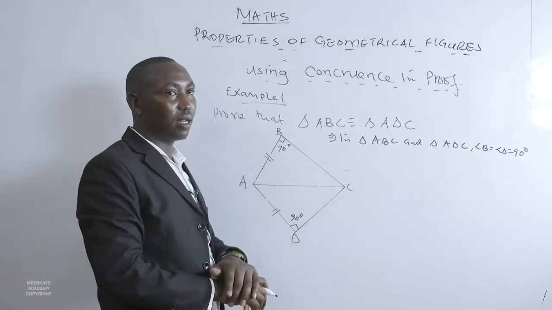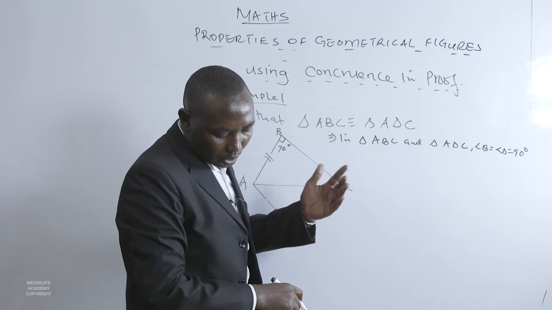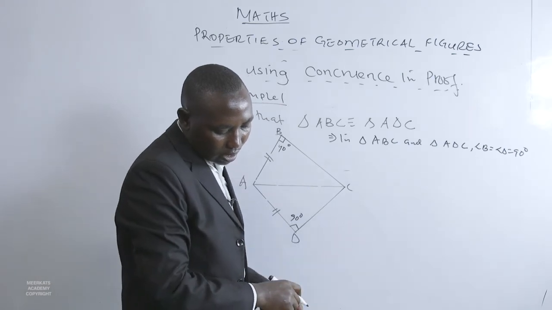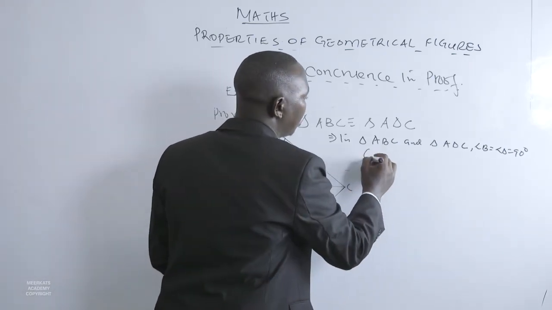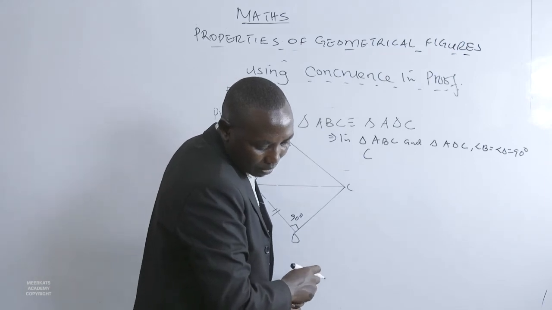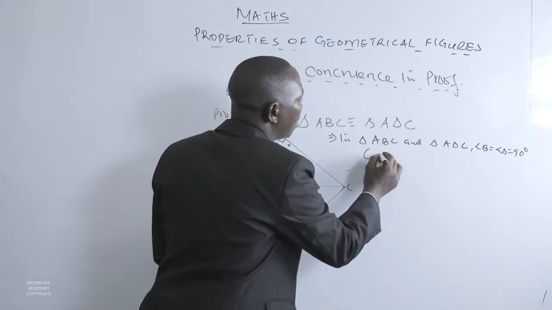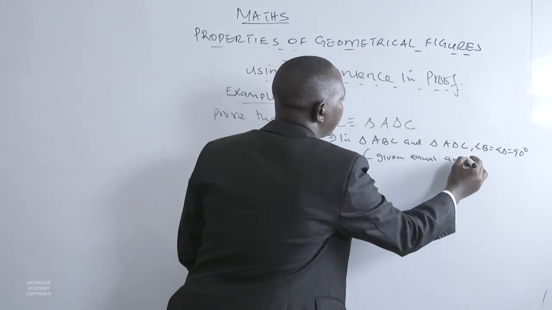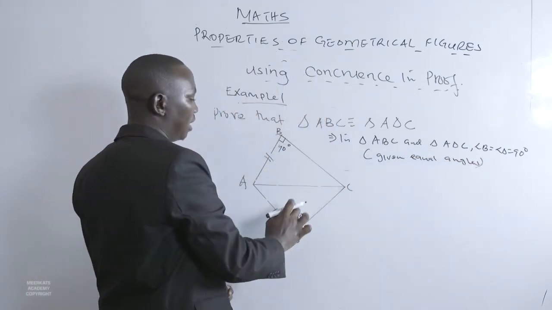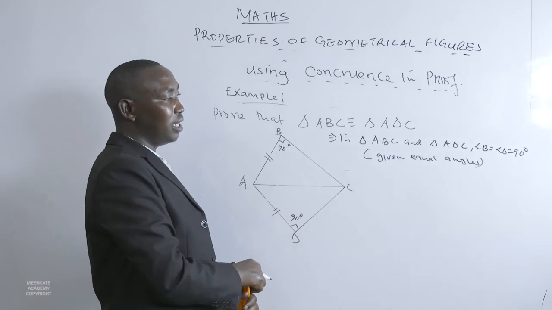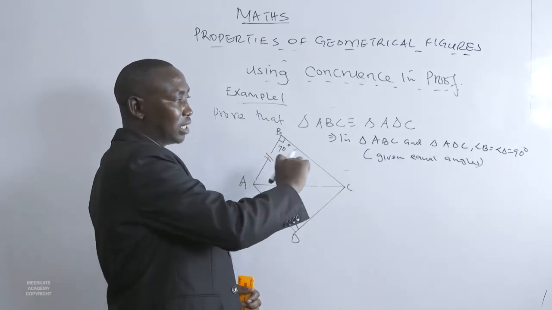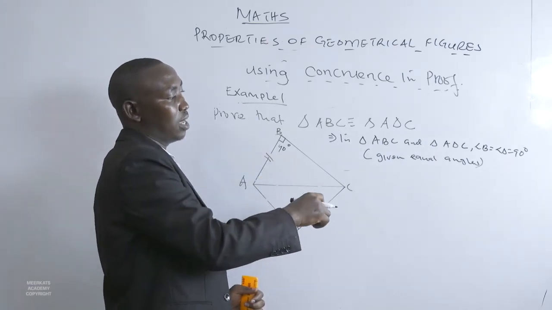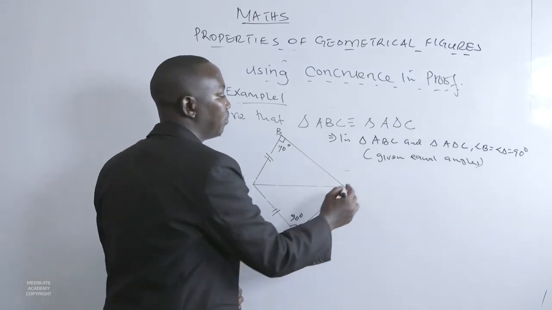That is the first one. And of course you can give a reason: given equal angles, you are told that both are 90 degrees. So you have given a statement which is true and you have given a reason.